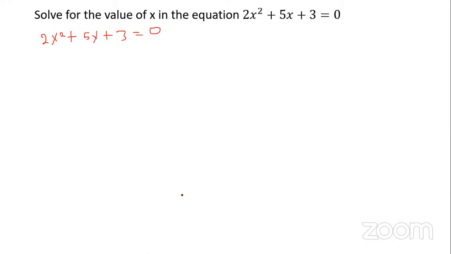Okay. So in this equation, when we find we have a coefficient of x squared, what we do, we first multiply these 2. So we get 2 times 3. In other words, we first multiply a times c.